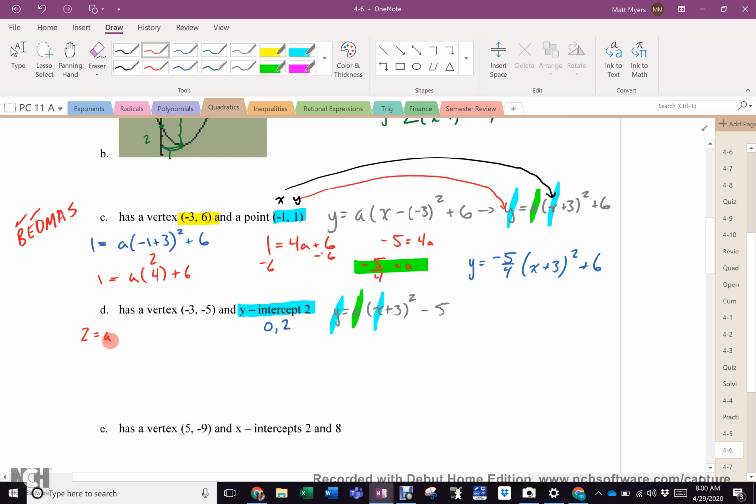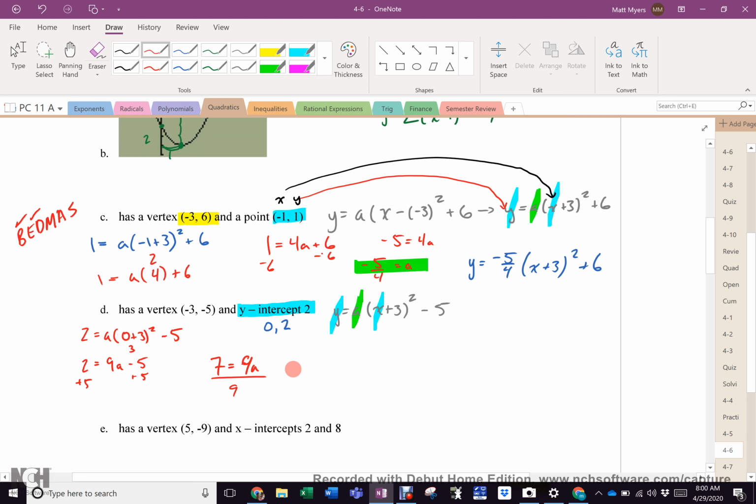2 equals a(0 plus 3) squared minus 5. 2 equals 9. 0 plus 3 is 3. 3 squared is 9. 9a minus 5. Plus 5 on both sides. 7 equals 9a.